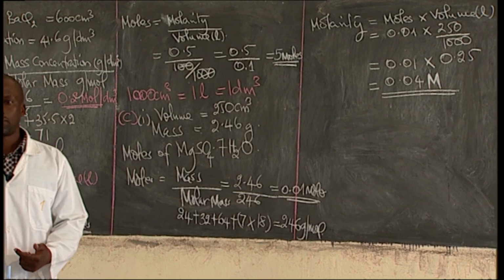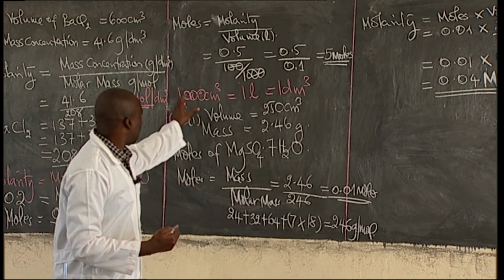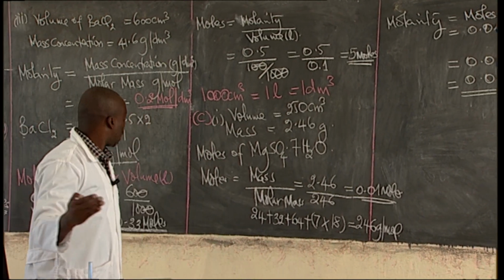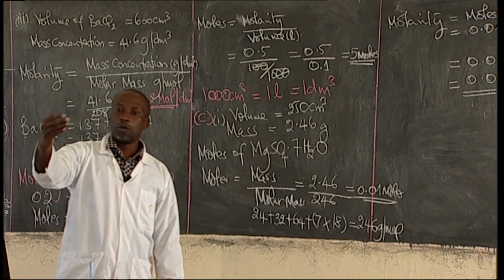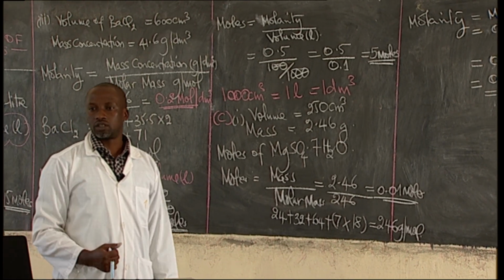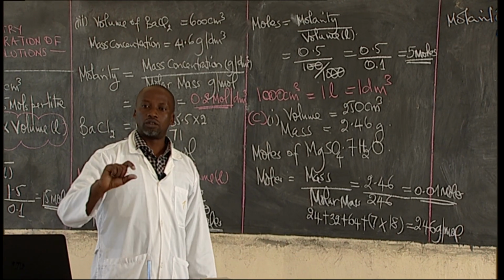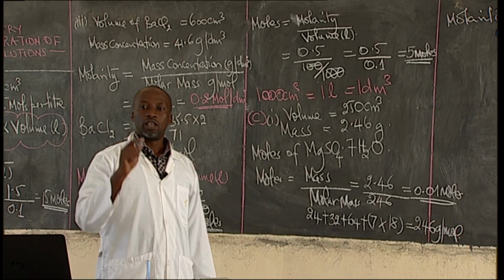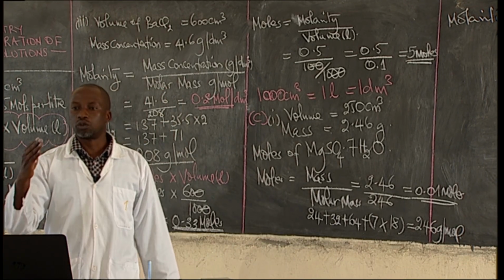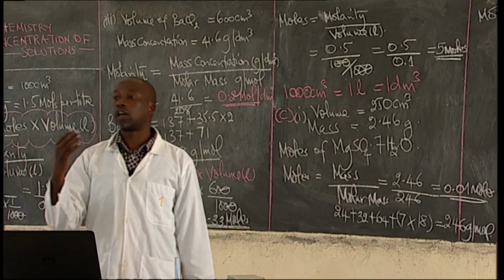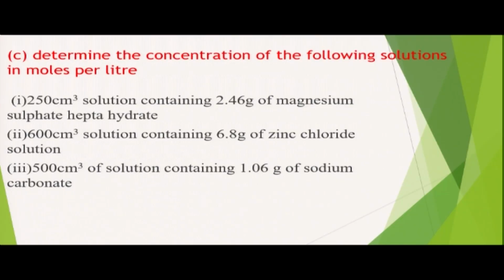Capital M. So the way we attempted question C from here, you can attempt those two questions which I have given. Look at those two questions and try them. 600 cubic centimeters of solution containing 6.8 grams of zinc chloride, find the molarity. 500 cubic centimeters of solution containing 1.06 grams of sodium carbonate.